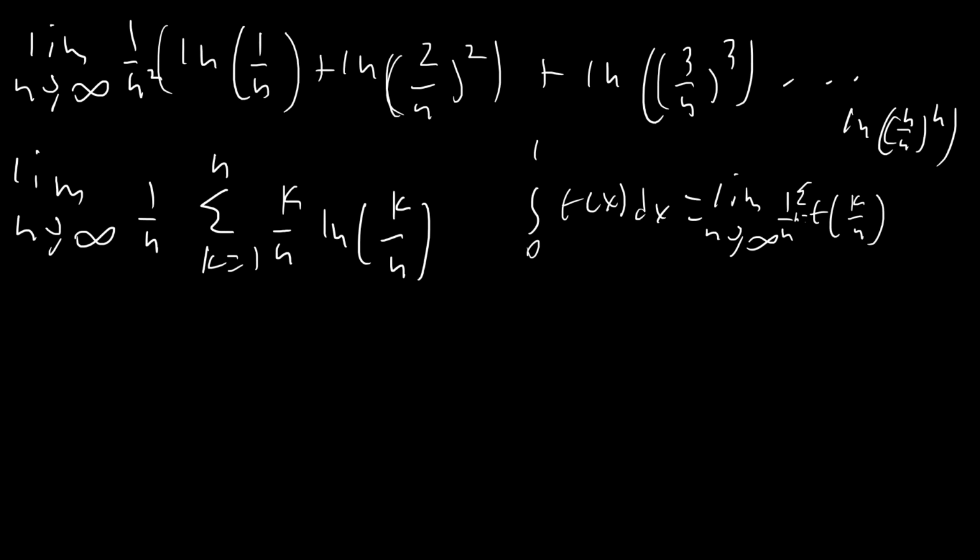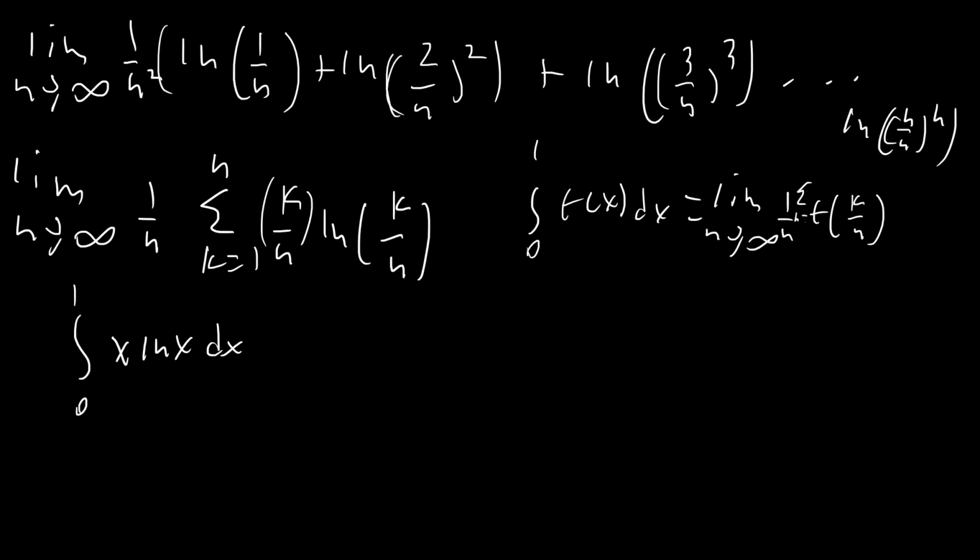In this case, we have k equals 1 to n, which is good so that we don't have that natural log of 0. So really, we're taking the integral from 0 to 1 of, if we just replace k over n with x, we'll end up with x ln x dx. And of course, this is really the integral from 0 plus. It's a limit, but we don't need to really worry about that. So I'll just keep writing it as 0.